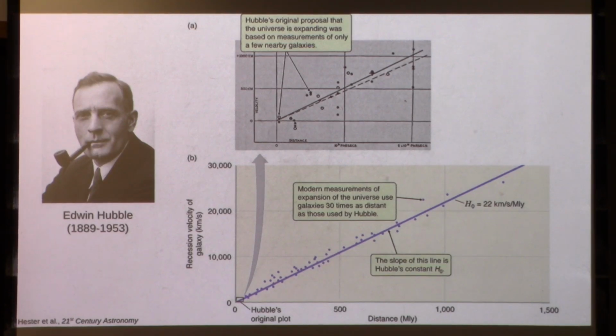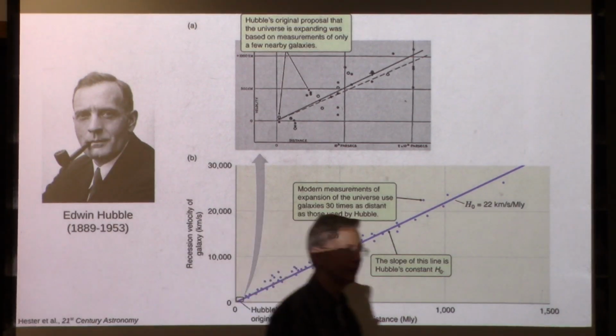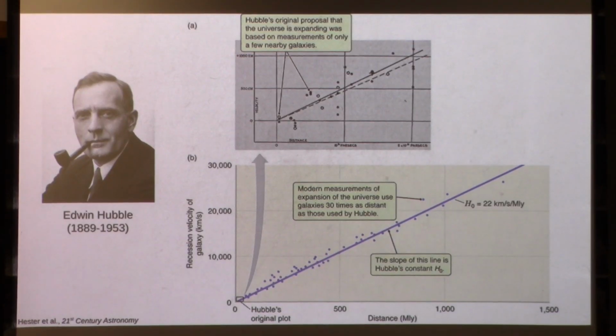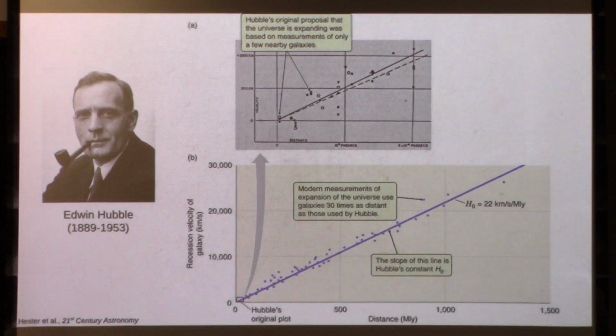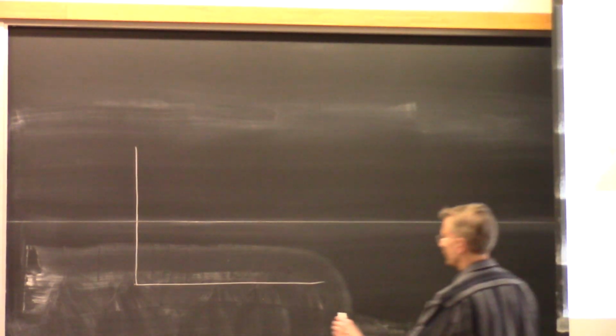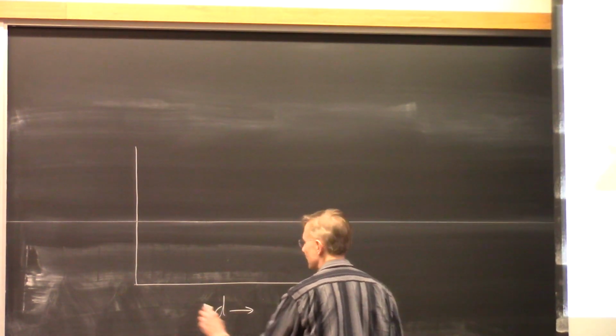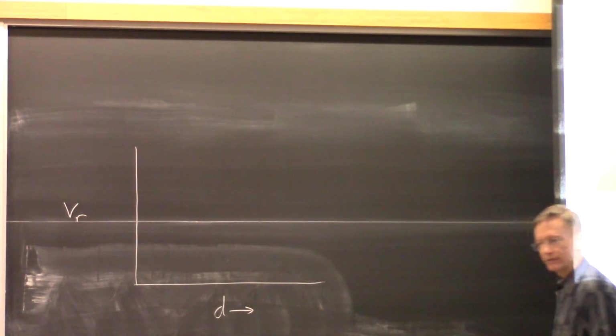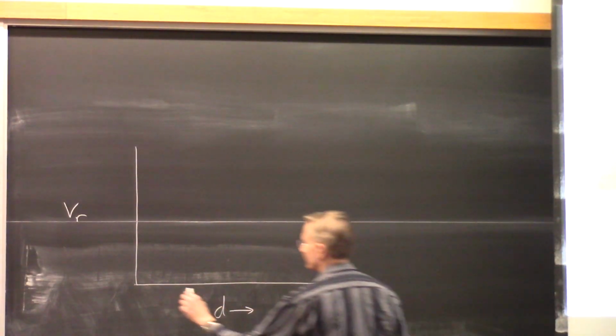And so if I have, I guess I should put the camera over there. If I have a plot where I've got D on the horizontal axis and V sub R, the recession speed, on the vertical axis.